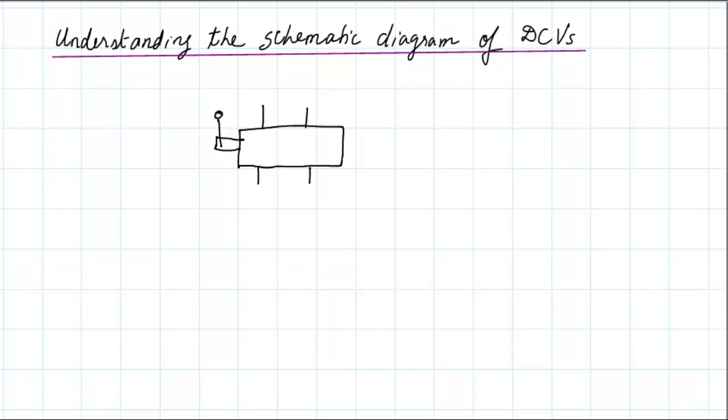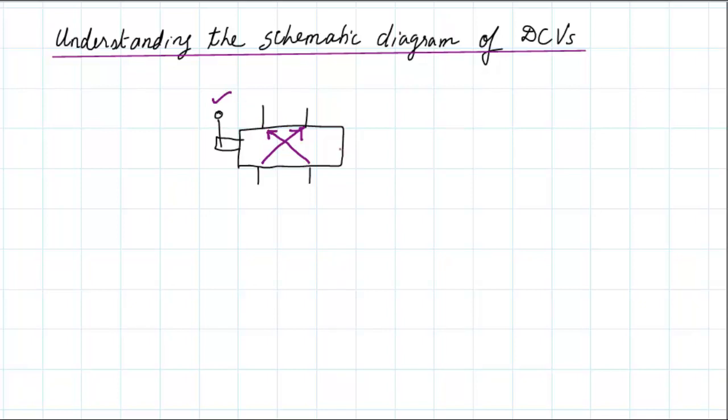Now, whatever be the case of valve, sometimes fluid will flow from one port to another port, or it may flow from another port to a totally different port, or it can also happen that the fluid will not flow at all, or it may take a totally different route, and that is all based on how the lever is moved, or how the spool is moved, or how the return spring is working, and all those things.